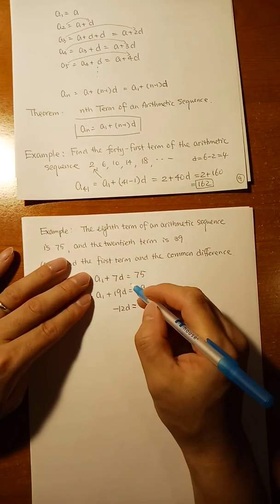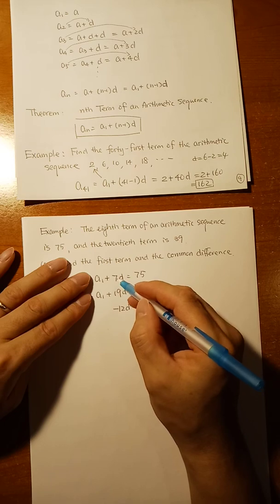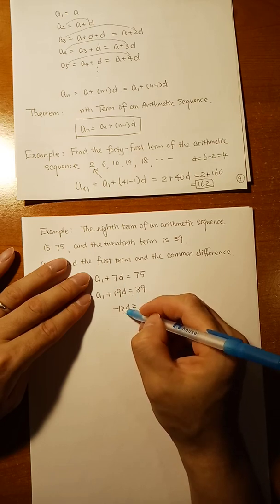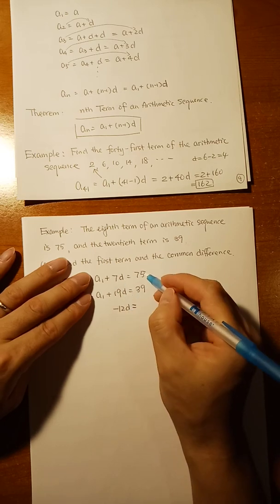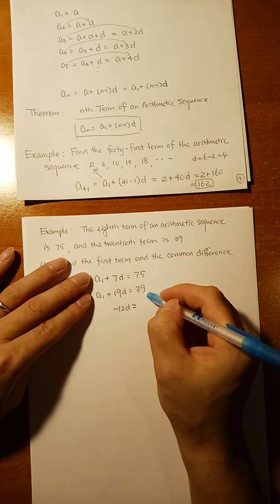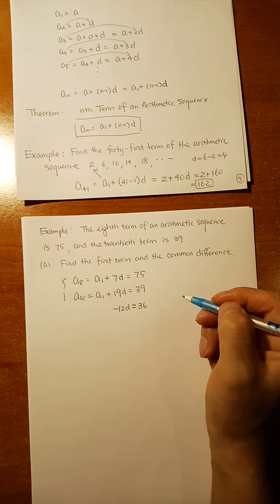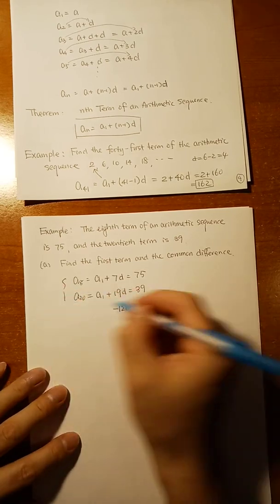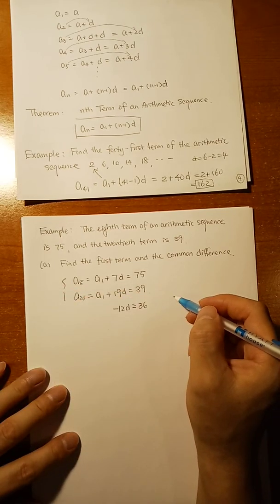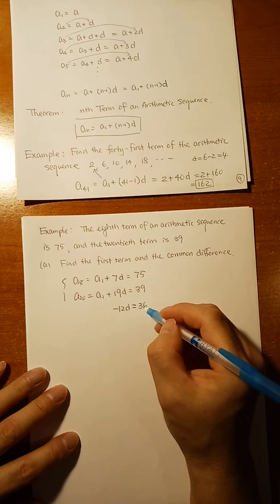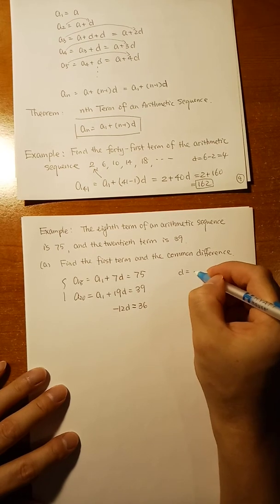You still have the equality, an equation. 7D minus 19D is negative 12D. 75 minus 39, what is this? 36. Okay, just subtraction. And negative 12D is 36, so D is negative 3.